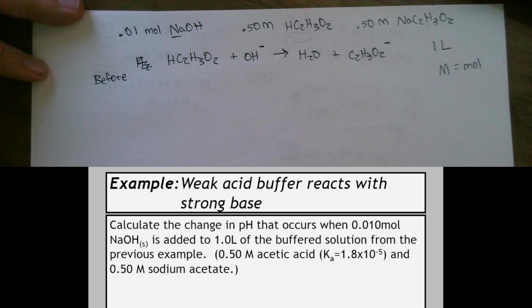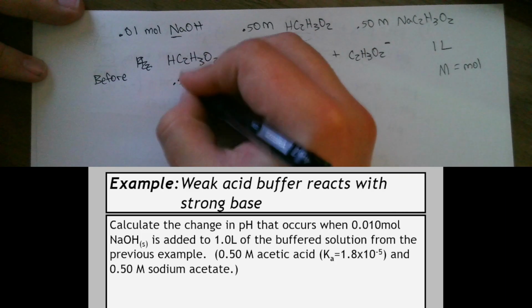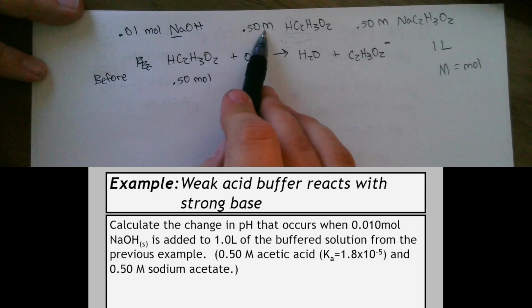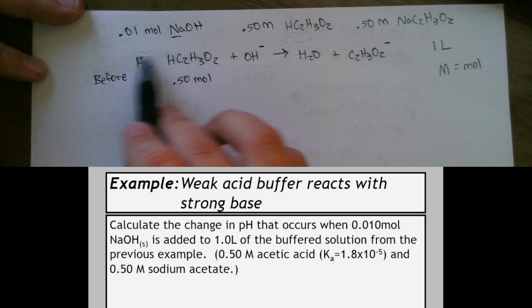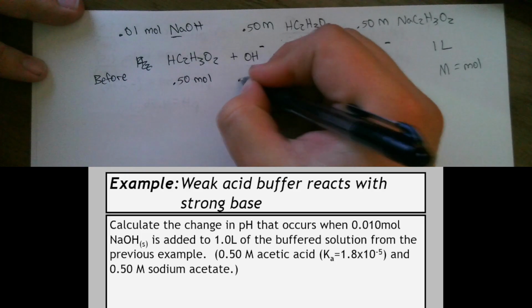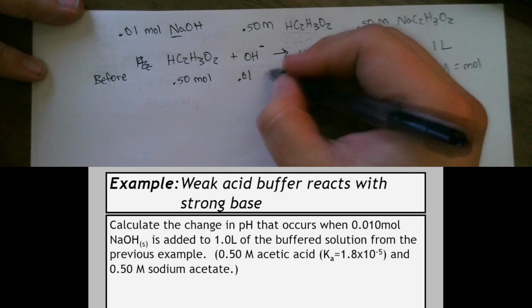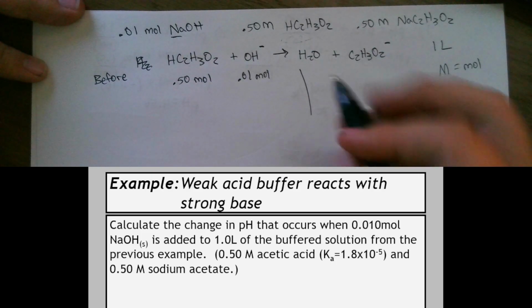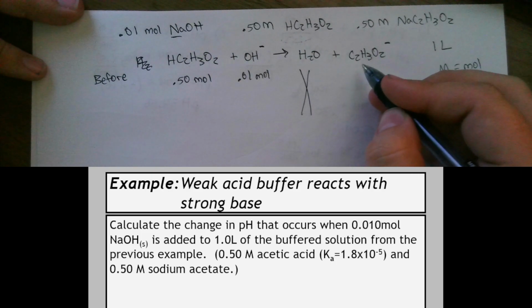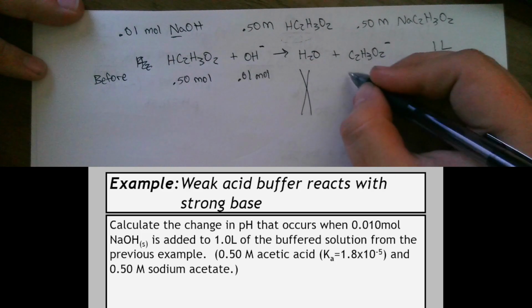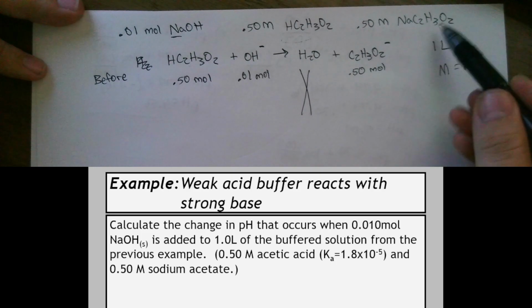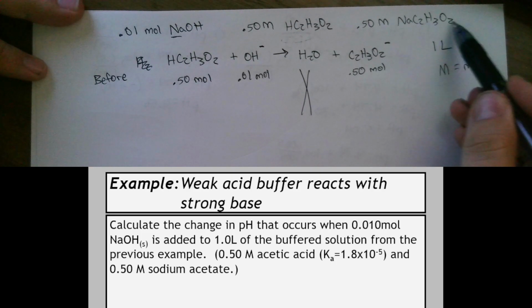So I have 0.50 moles of acetic acid from the 0.5 molar. OH minus is right here: I have 0.01 moles that I'm adding to my solution. H2O, no one cares. But acetic acid actually matters now. I started with 0.50 moles of acetic acid.